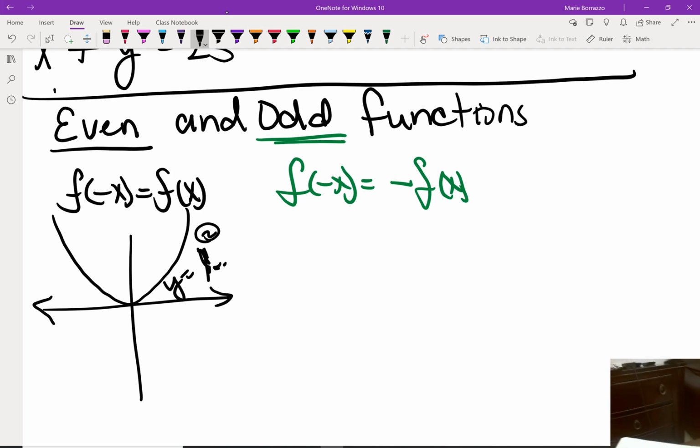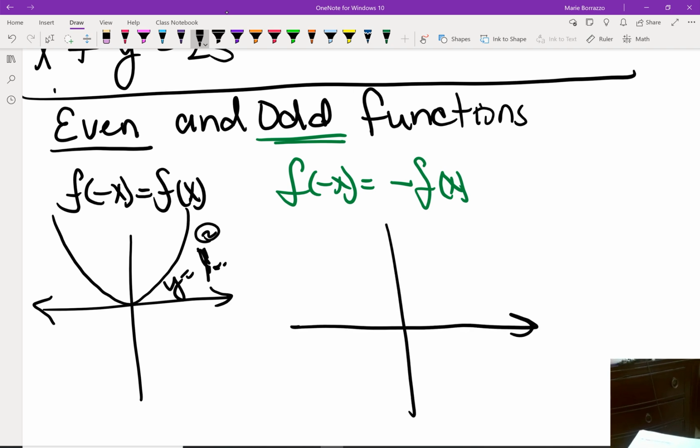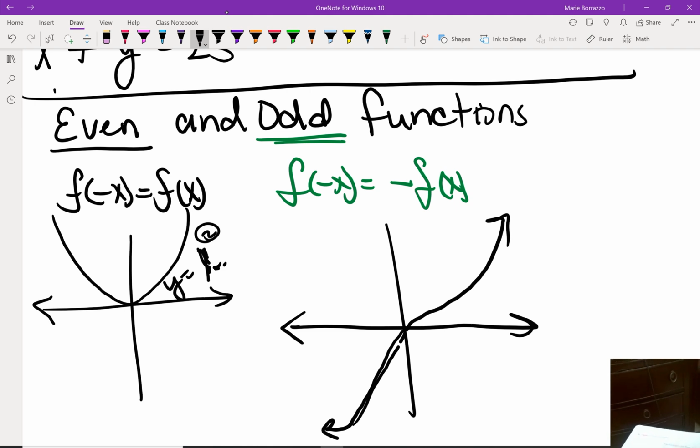Now, an odd function typically will have origin symmetry, as we just discussed. And if I have a function that's going through here as such, let's say hypothetically I have this function, this would be a perfect example of origin symmetry or odd.